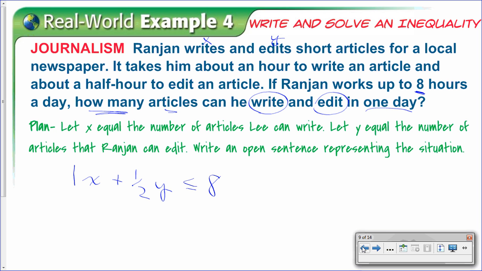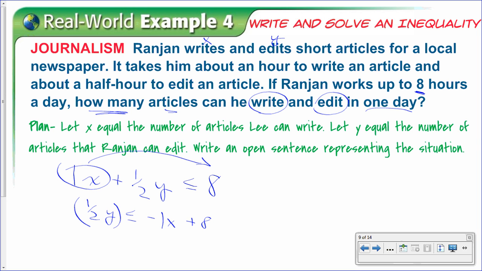Okay, so now, basically, I have to get that in what form? Okay, so what moves first? Right over there, which gives me 1/2 y less than or equal to negative 1x plus 8. Then here I multiply by what?